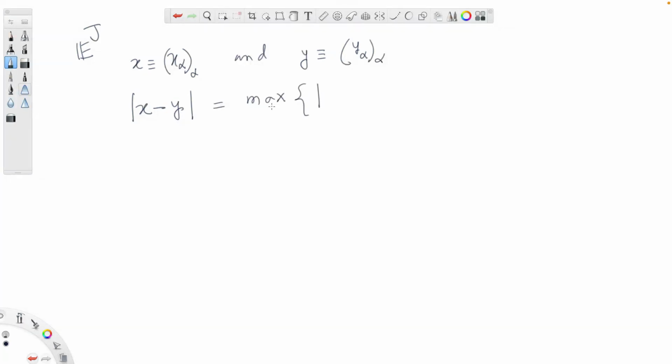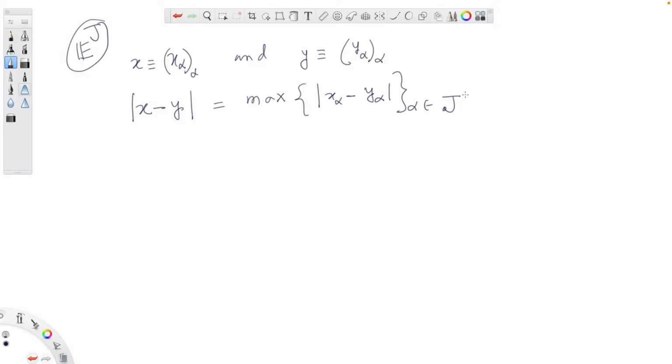We denote this element of E to the J by x, and there is another element y of E raised to J, and the distance between these two elements is given by max, instead of sup, because of E to the J, where alpha runs in the index family J. With the help of this metric, we can put a topology on this generalized Euclidean space, and hence it becomes a topological space.